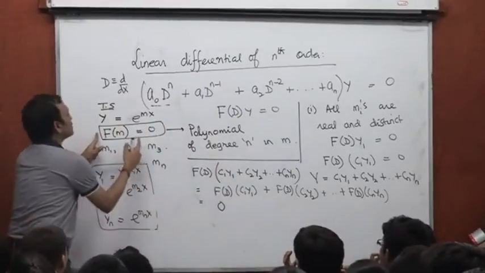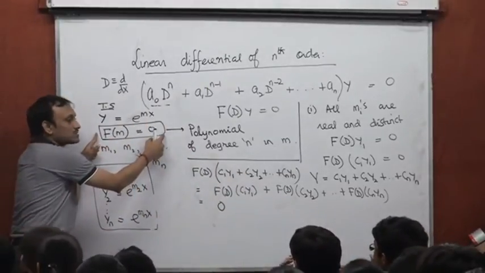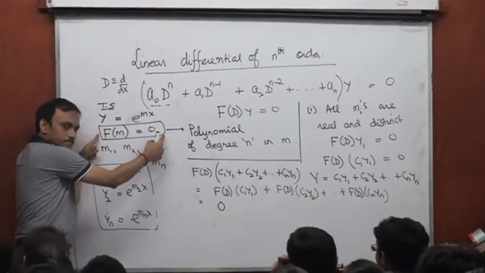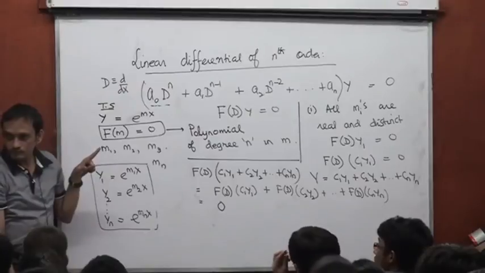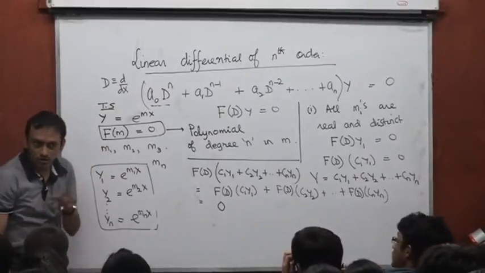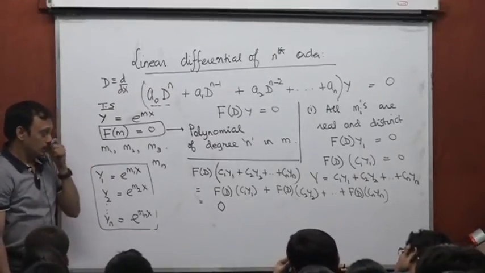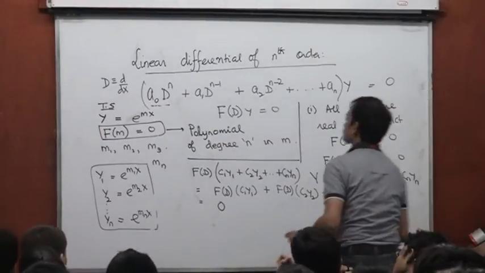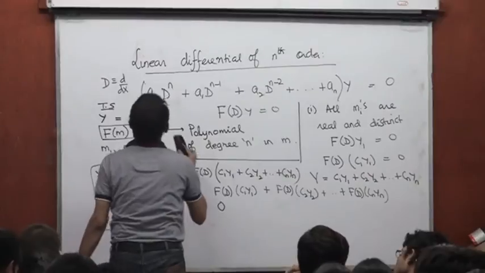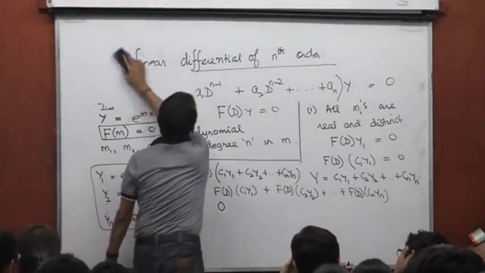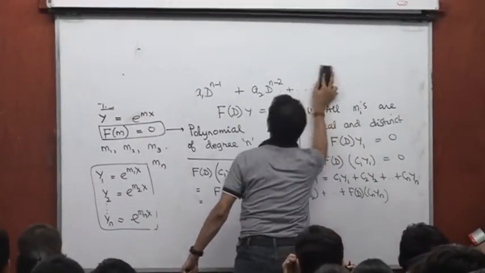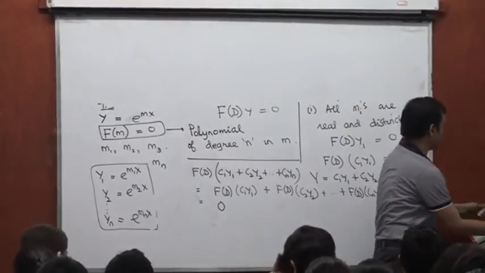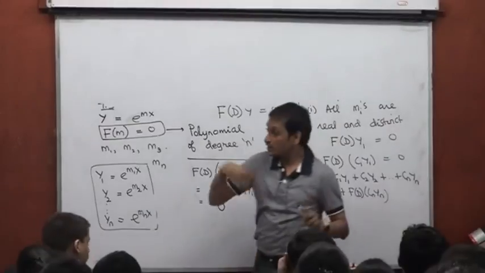The mi's are obtained by solving this polynomial of degree n in m. Sounds okay? Now the good thing is, this is the case where all the mi's are real and distinct.